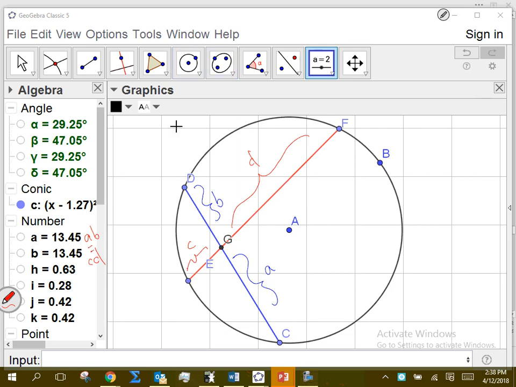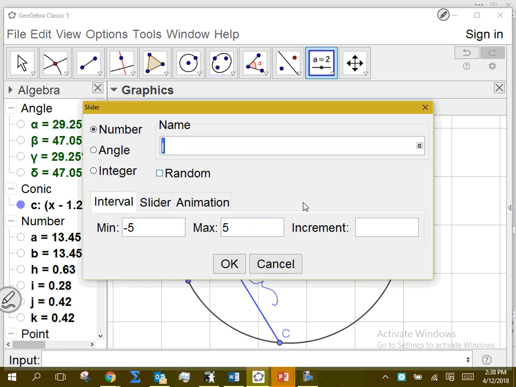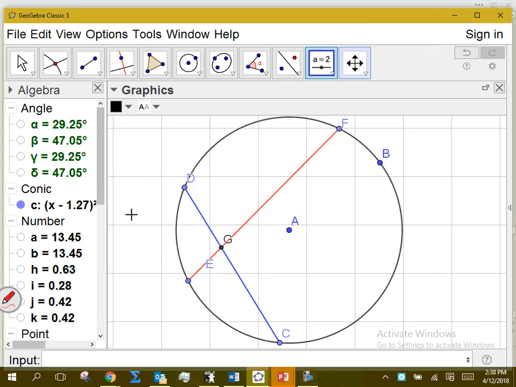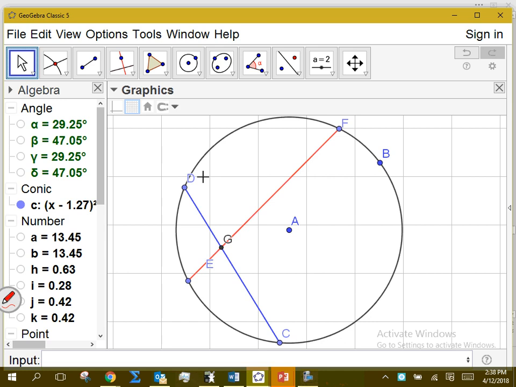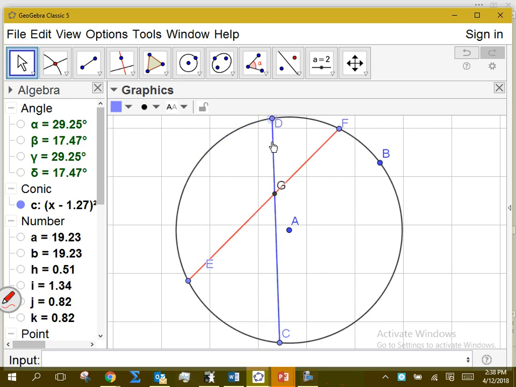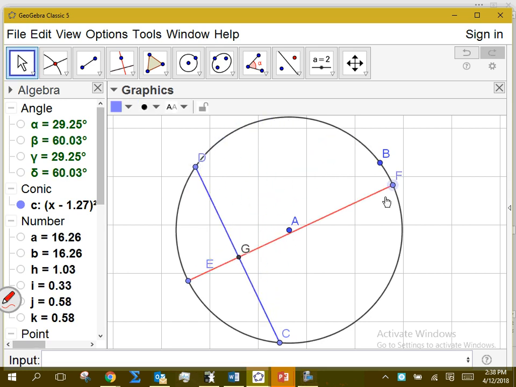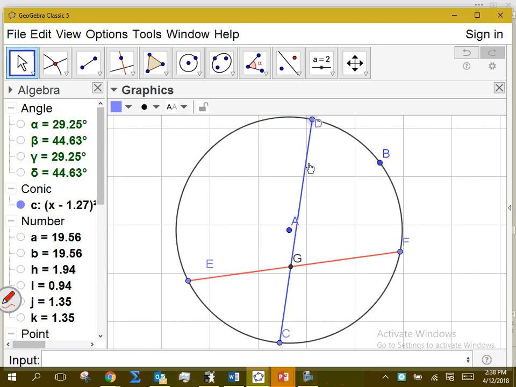If I start moving these points around, obviously the different components that make up these products change. Is EG right there different than EG right there?